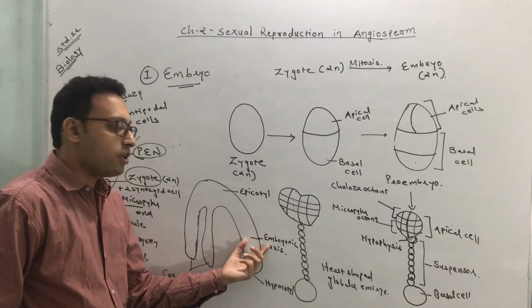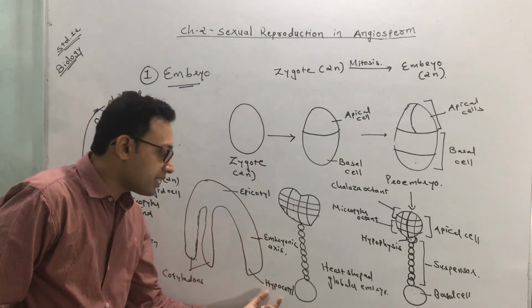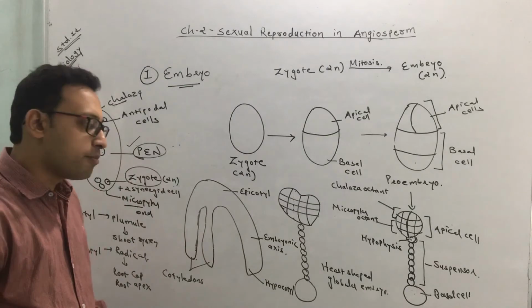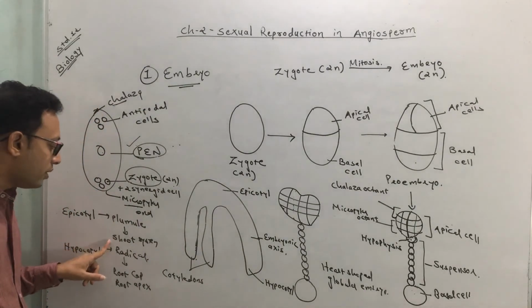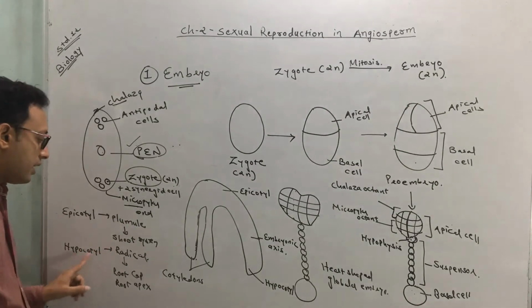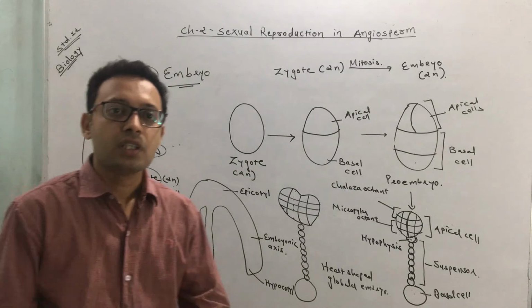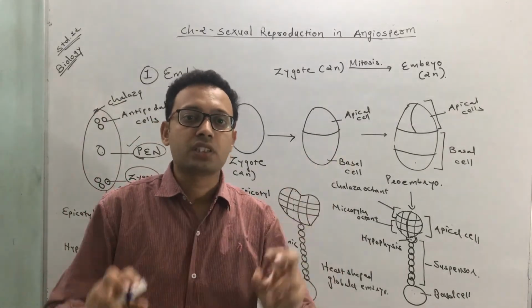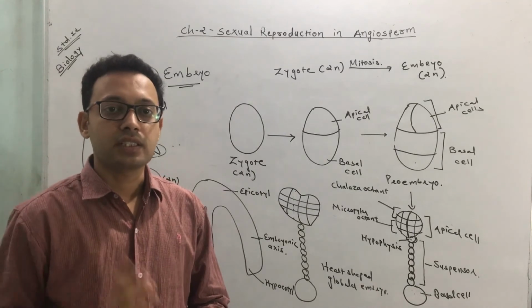The portion of the embryonic axis above the cotyledon is the epicotyl, and below the cotyledon is the hypocotyl. The epicotyl has the plumule, which develops into the shoot system. The hypocotyl has the radicle, which develops into the root system. Thus, from the seed, the shoot system and root system develop in case of a dicotyledonous seed.